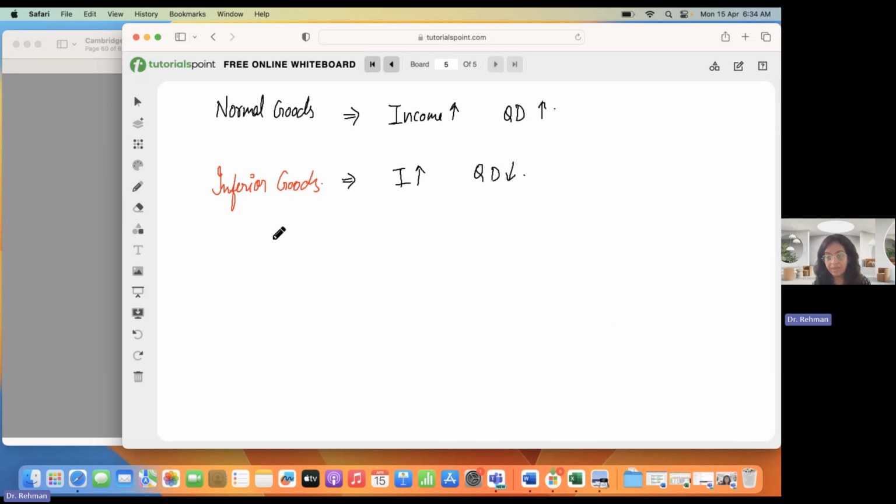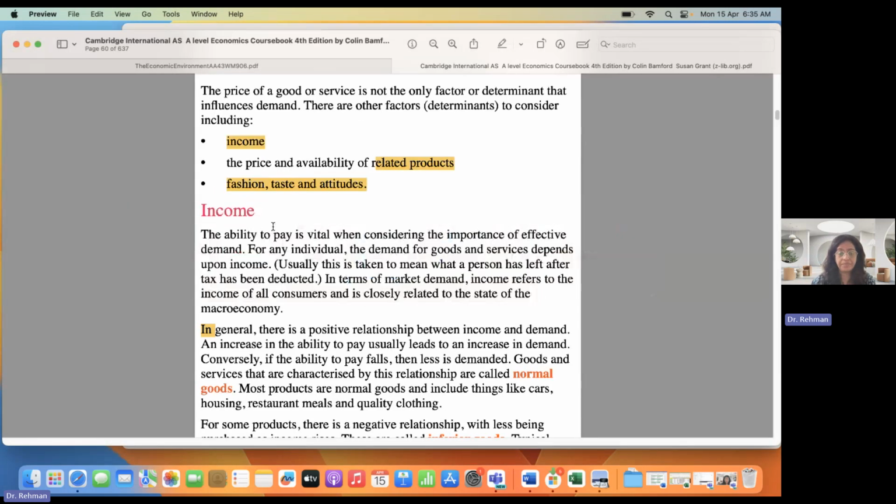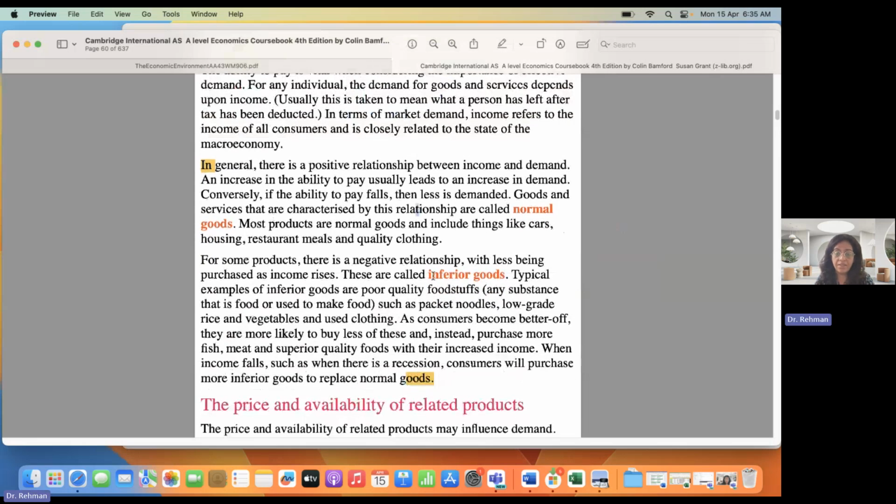But as the income increases, they switch from inferior goods to better, high quality goods. So inferior goods are those which have an opposite relationship with income. As the person becomes richer, their income increases, the quantity demanded for such goods decreases. So in case of inferior goods, this relationship is absolutely opposite.